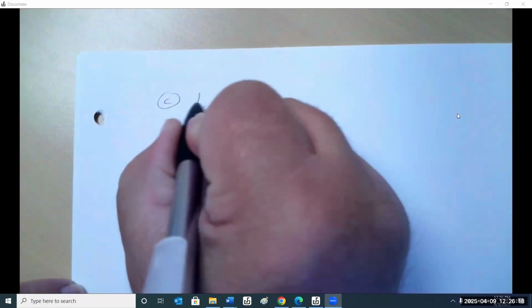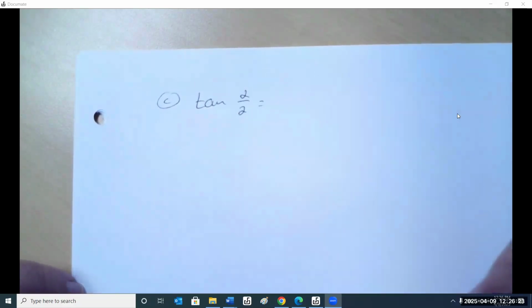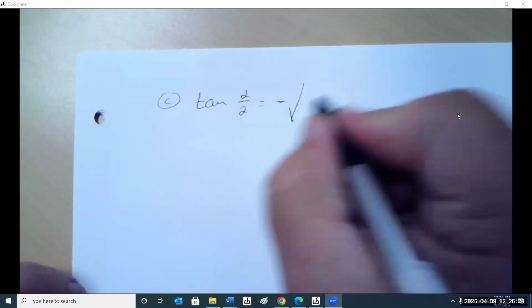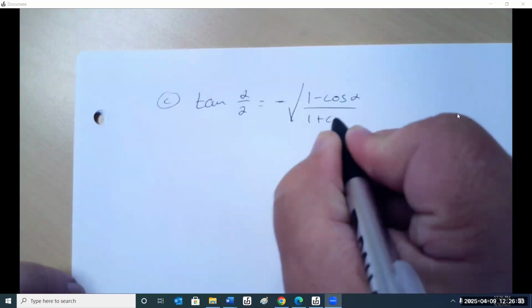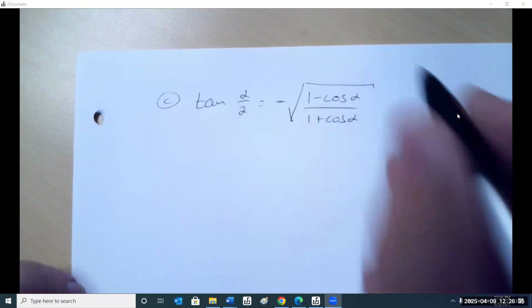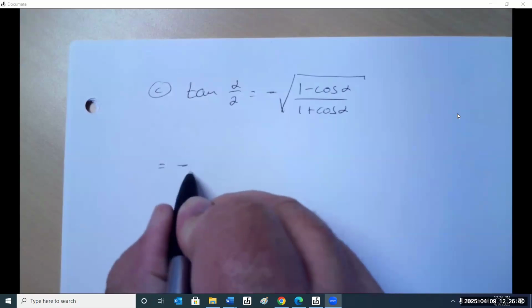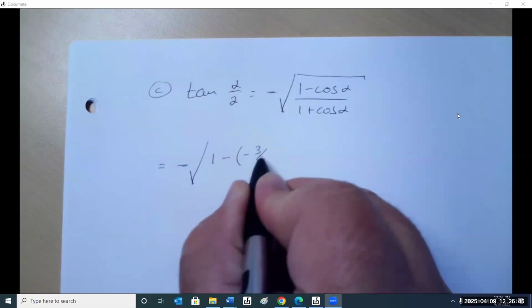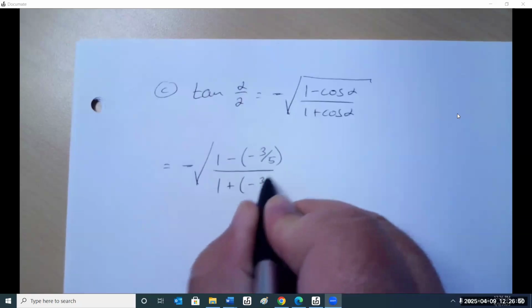Now we've got to do the tangent. So the tangent of alpha over 2. In the second quadrant, it's what? It's negative. So it's the negative square root of 1 minus cosine alpha over 1 plus cosine alpha. One minus negative 3 over 5, over 1 plus negative 3 over 5.